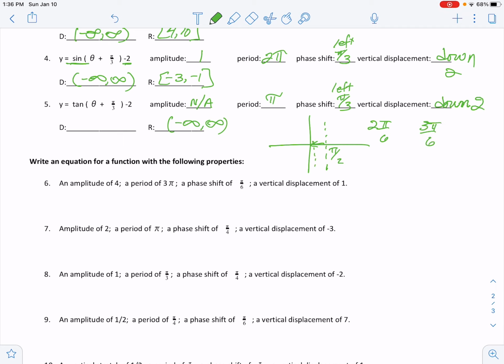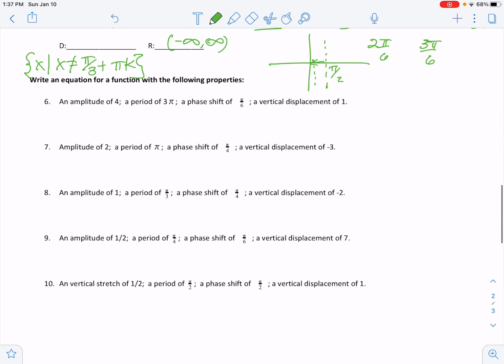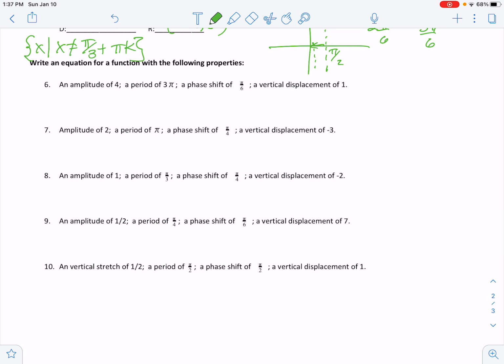So I'm ending up at pi over 3. So my domain is x cannot equal pi over 3, and the period's the same. That's tough.